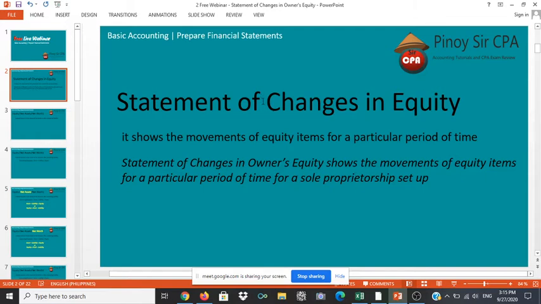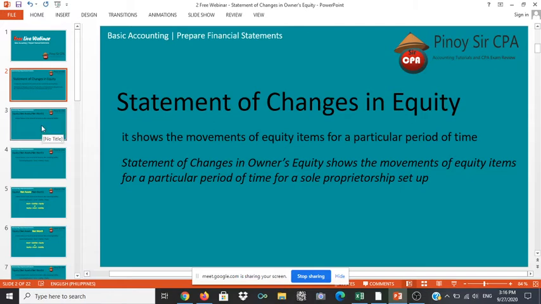Now, as we define this statement of changes in equity, first, let us understand the meaning of this word. Can you see it? Here, equity. Tama? Equity.